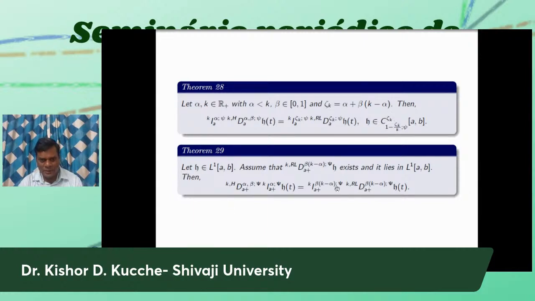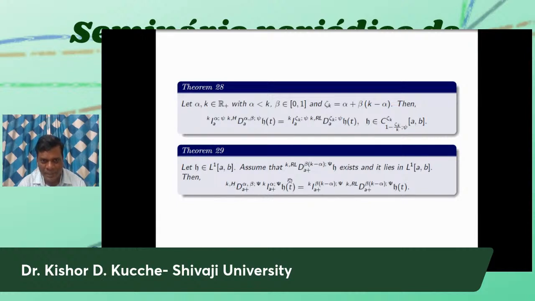And this is also one of the properties: when h is an integrable function and this k-Riemann-Liouville derivative exists for this function h, then this is the relation between derivative and integration. The derivative of integration is written in this format. Again, this is given in terms of the Riemann-Liouville derivative.